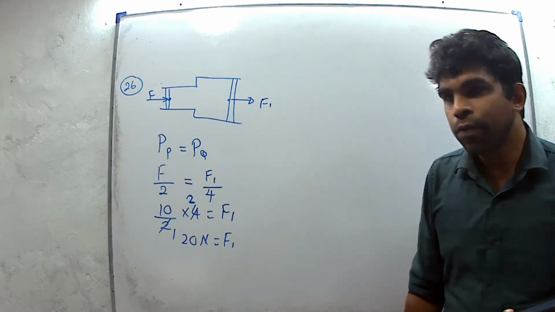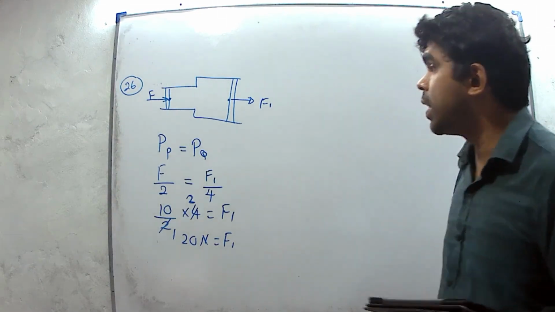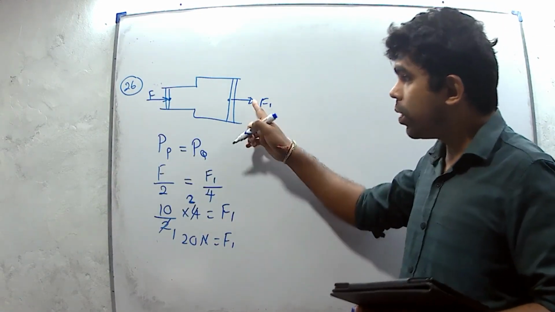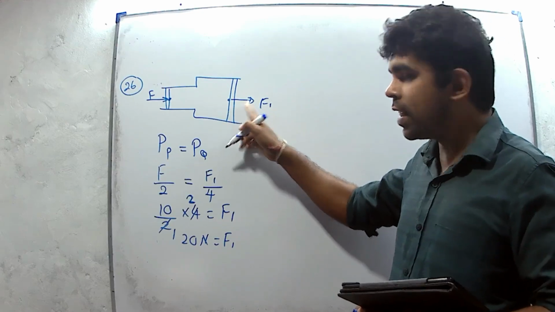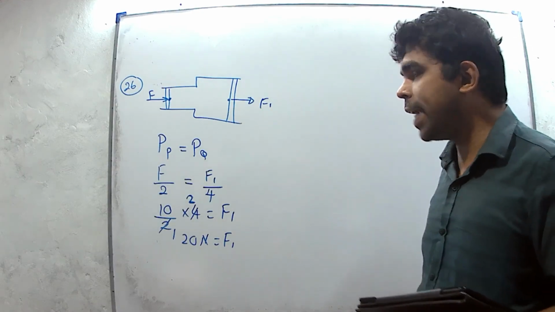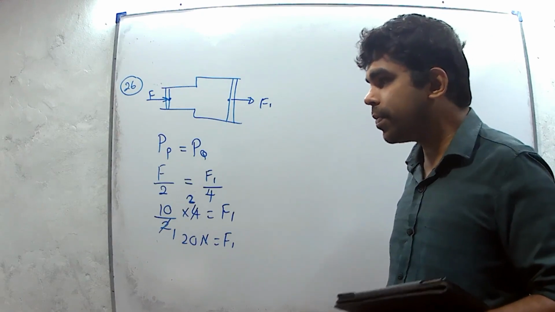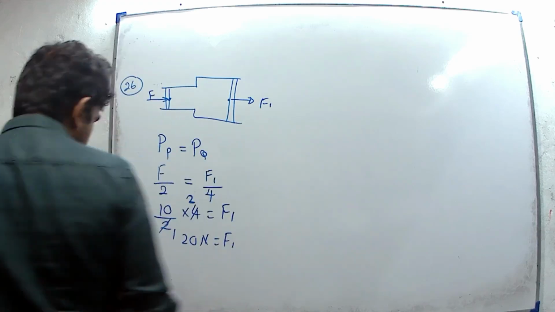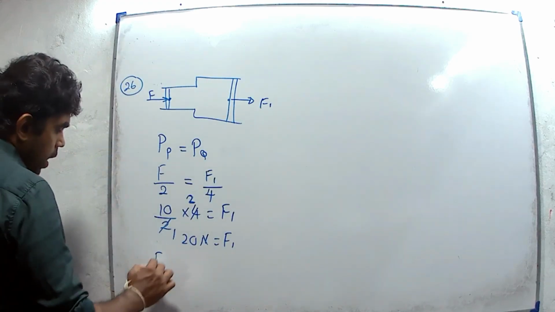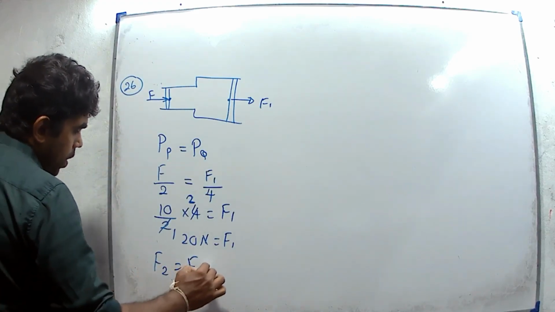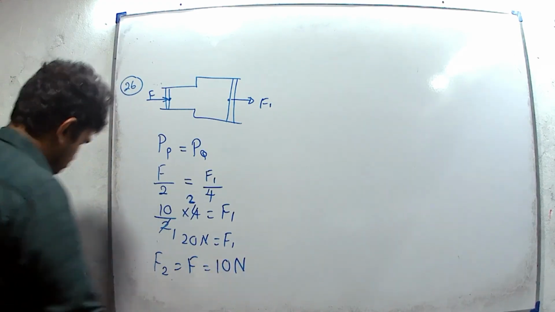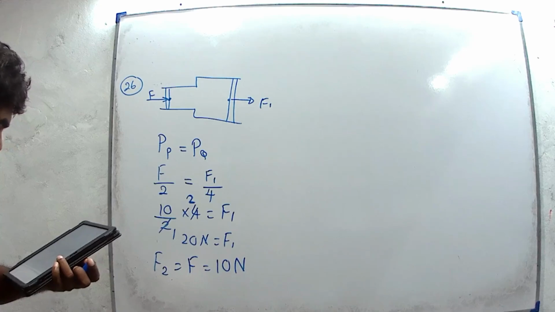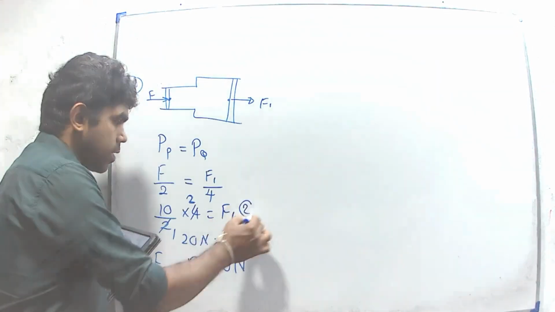Now we know that for a solidified object, this F should be equal to the force at this side. We can't use Pascal's principle, since it is a solid object. Therefore, for the solid object F2 equals F. It means 10 Newton. Then 20 Newton and 10 Newton. Answer is 2 for question number 26.